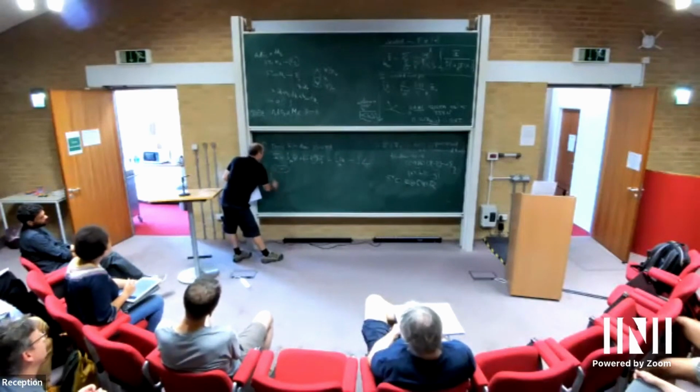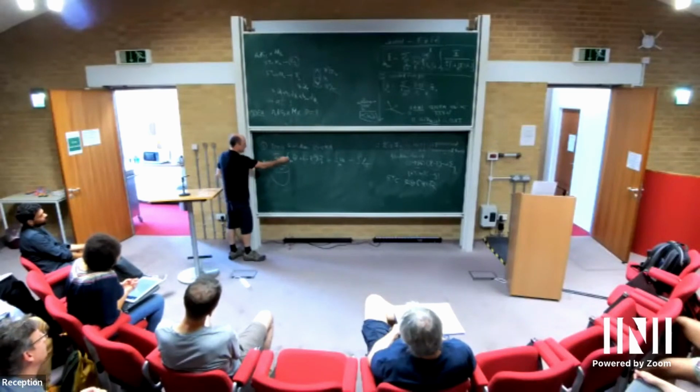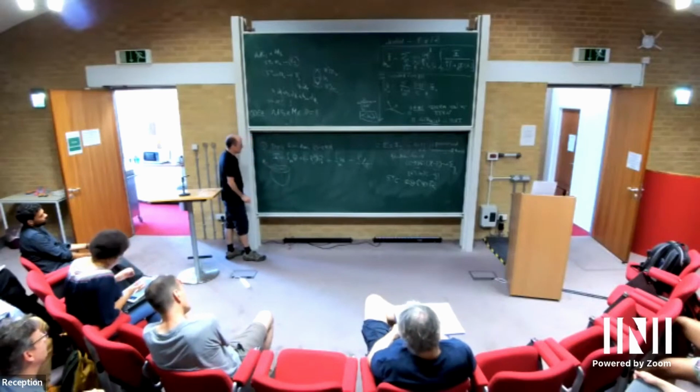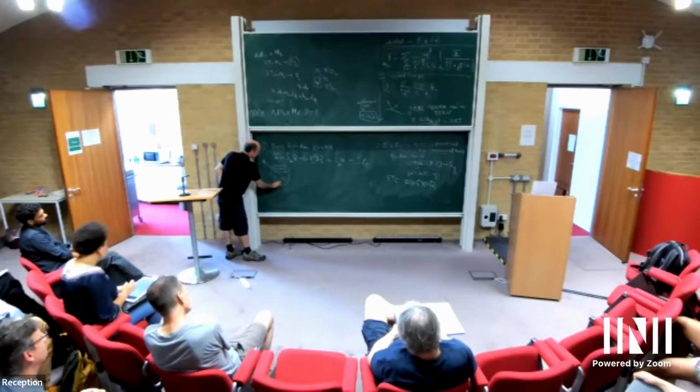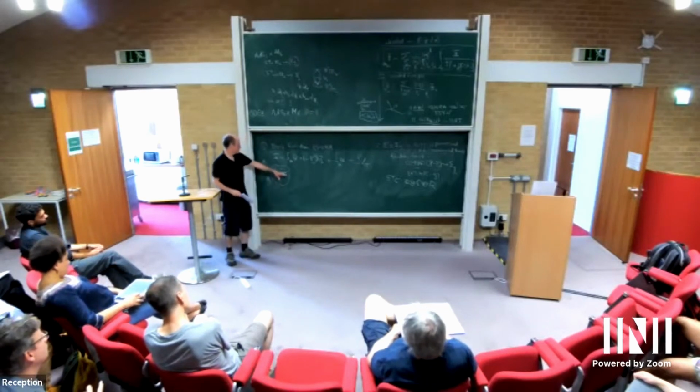In this four-dimensional language, this is some three-dimensional boundary. I'm imagining looking for solutions where we have this three-dimensional boundary with some topology, and then we fill it in with a four-dimensional space with that boundary.